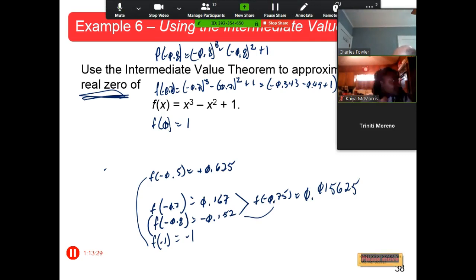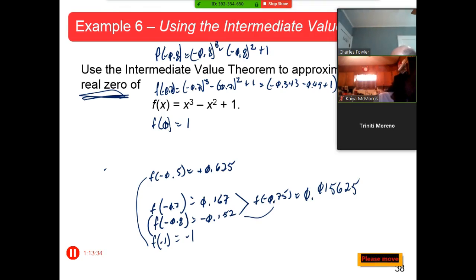Number 5. When a real zero, x equal a, of a polynomial function, f, is of even multiplicity. Now we had one like this when we had, what was that? 2x minus 3 squared. Remember when we had that? Even multiplicity, the graph of f does what at the x-axis at x equal a?